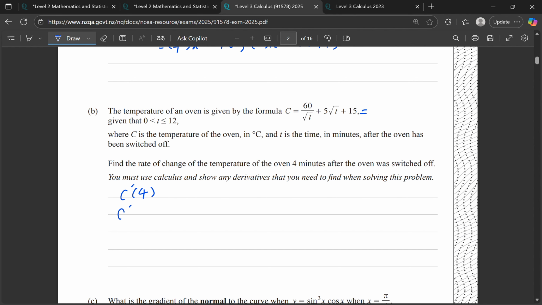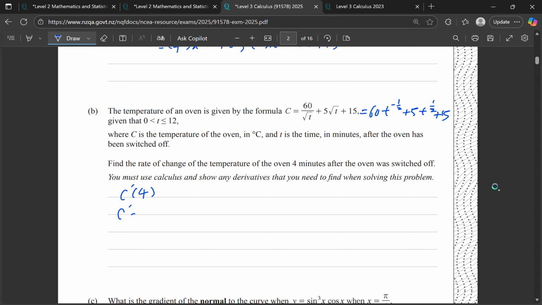Before we do C prime, this equation can be written as 60t to the power of minus half plus 5t to the power of half plus 15, right? You do need to write it in index form so that we can use the power rule.